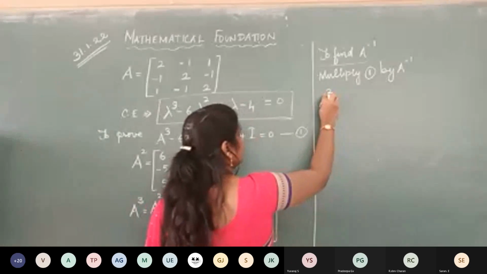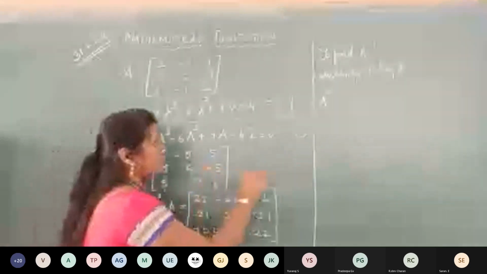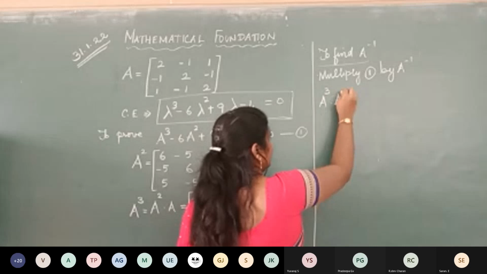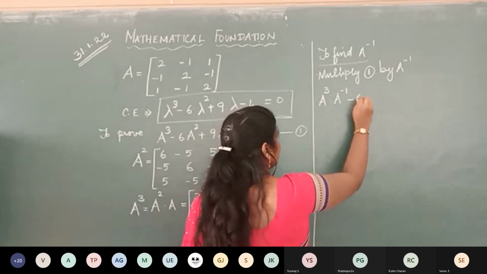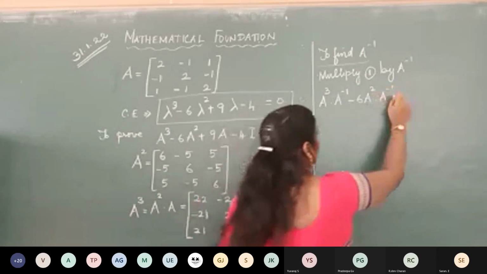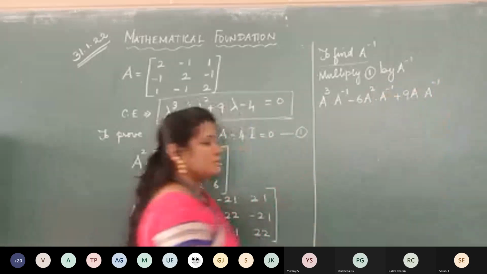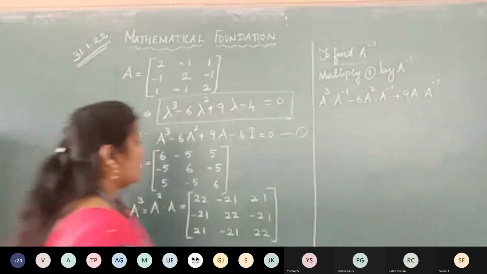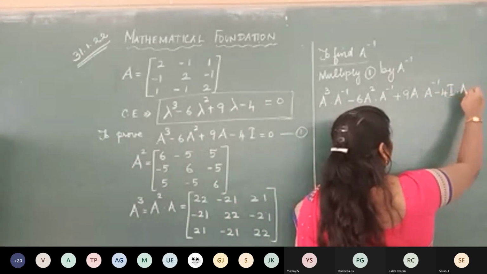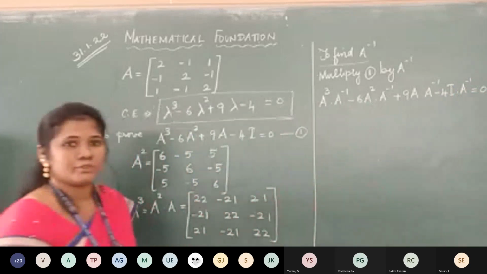Then minus 6A square into A inverse, and then plus 9A into A inverse, minus 4I into A inverse, which is equal to 0.